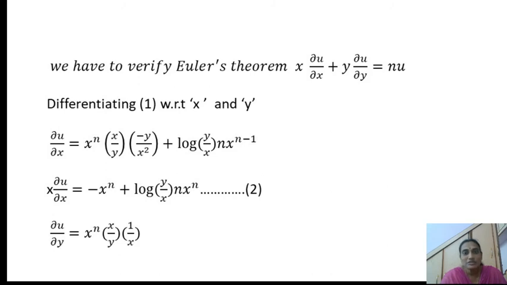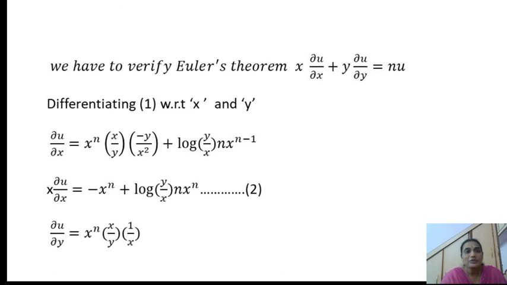Multiplying this equation throughout by x, x into ∂u/∂x is equal to minus x to the power of n plus log y by x into n into x to the power of n, since x square cancels and y cancels. Call this equation number 2.